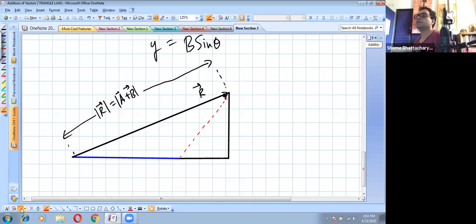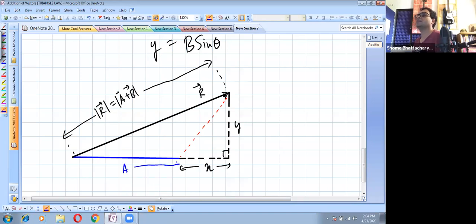More important for me is that this part is X, this part is Y, and the angle in between here is 90 degrees. So this angle is 90, right? This section is X, this section is Y. And what about this section here? This is A. That's the magnitude of the original vector A. So I have A over here.